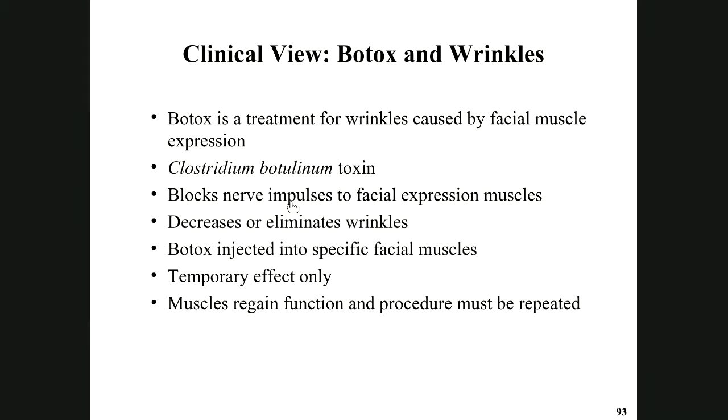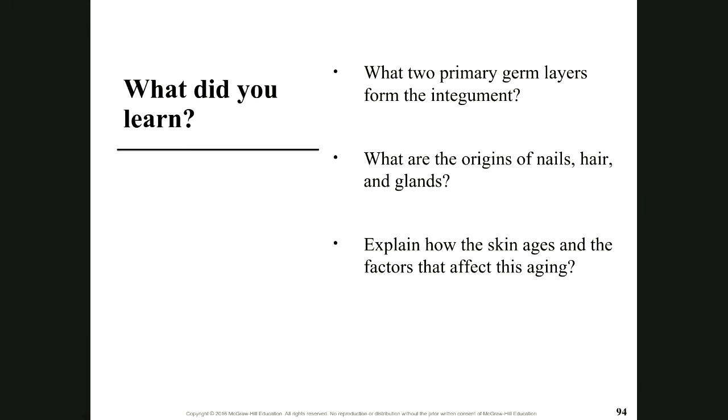The facial muscles become paralyzed, so we cannot move them and we cannot see any wrinkles. The effect of Botox is completely temporary, and after 2 or 3 months, the muscles go back to their normal function.